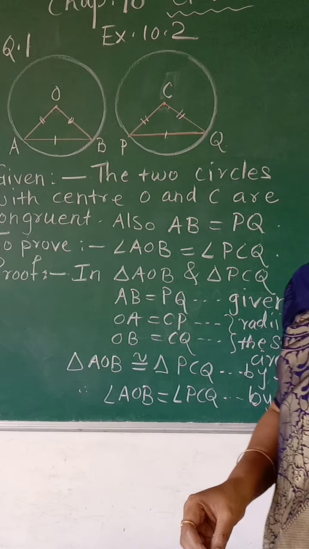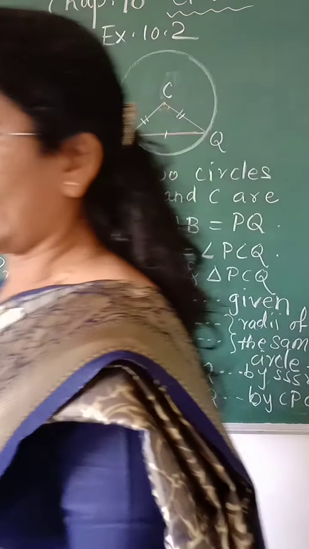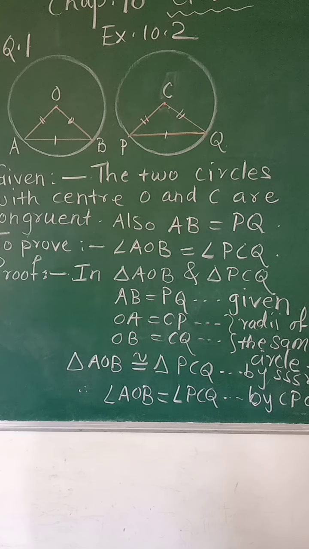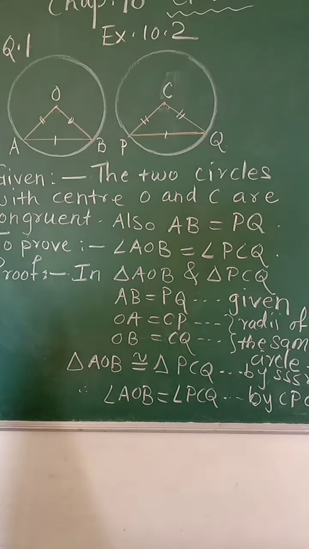Okay. Now question number 2 from this exercise. See here. Prove that if chords of congruent circles subtend equal angles at their centers, their chords are equal. In the first question, what is given?